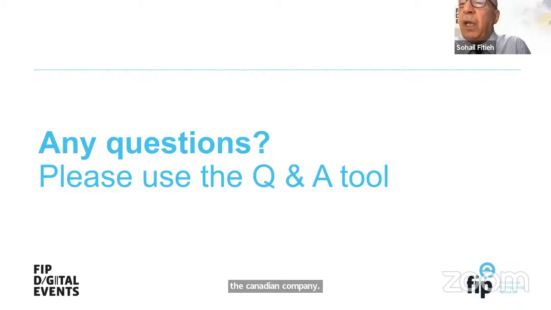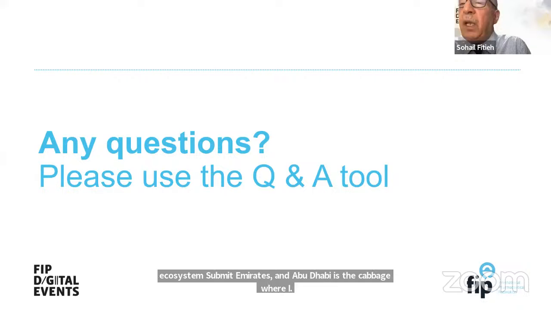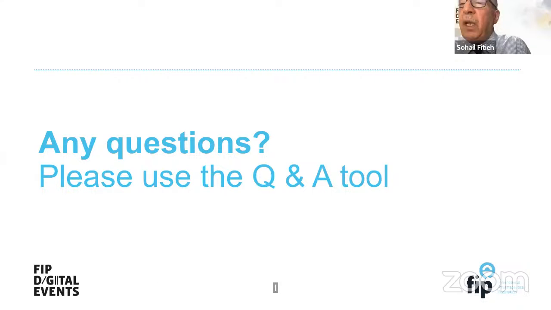The supply chain in the United Arab Emirates is a little unique compared to others. The United Arab Emirates consists of 7 emirates, and Abu Dhabi is the capital, where I worked for 5 years as director of supply chain.